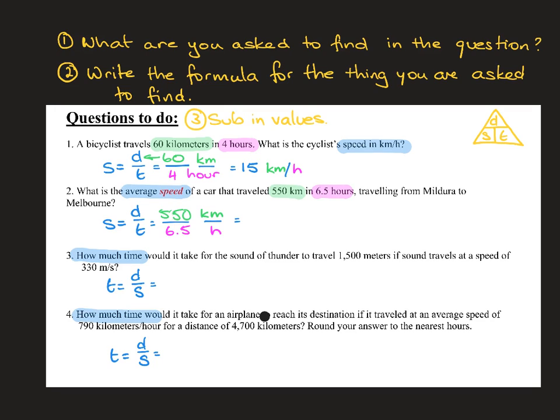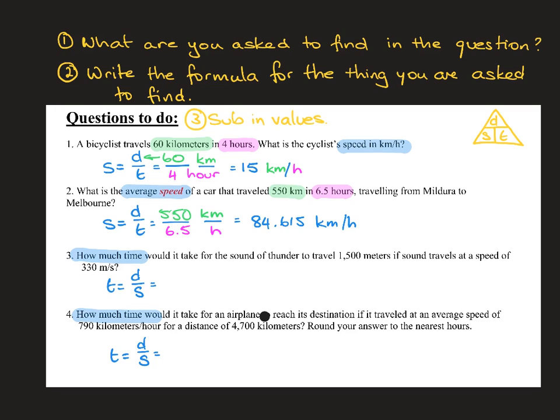I'm going to use my calculator to do 550 divided by 6.5, and when I do that I get 84.615, and my units are kilometres per hour. Now, the question didn't ask me how many decimal places, so I'm just going to put it to 3 decimal places.